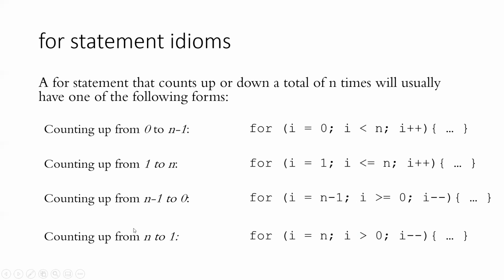We can also count from n to 1. We start with a value of n for our loop control variable i, and then our condition is that this will continue executing while the i is greater than 0, and then we decrement the i.